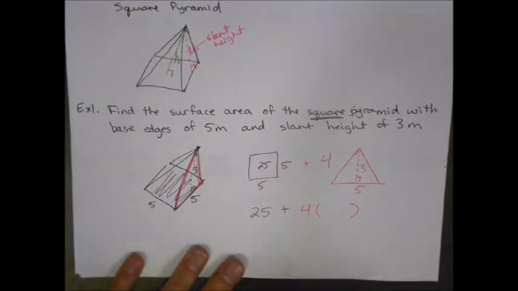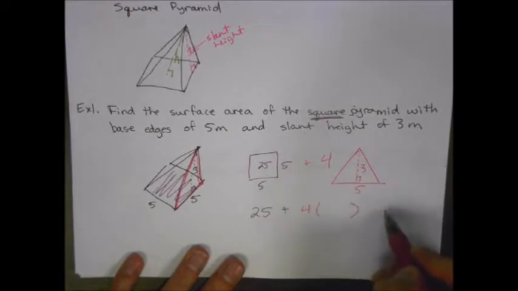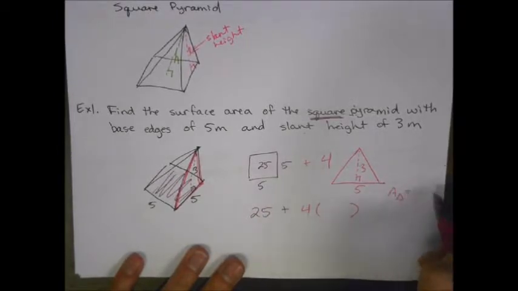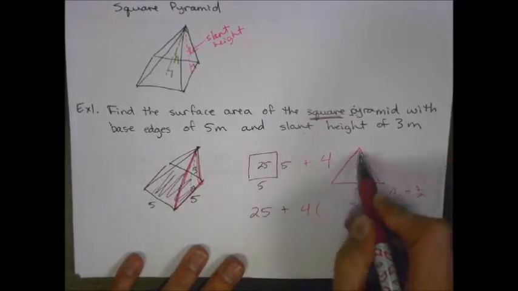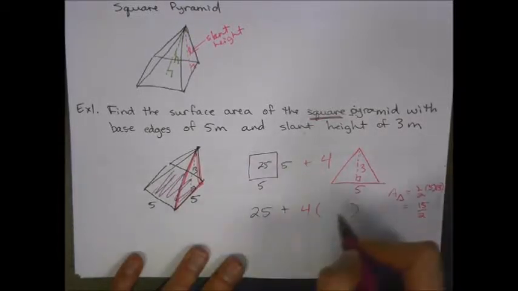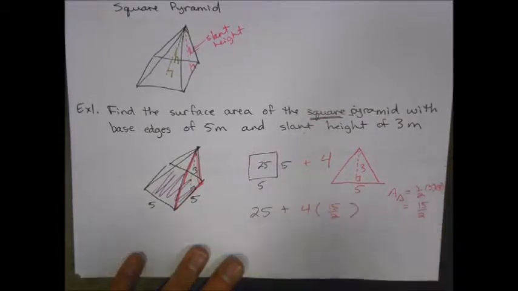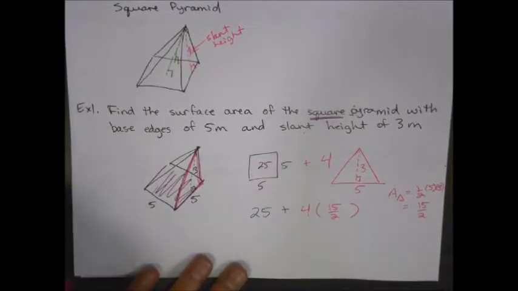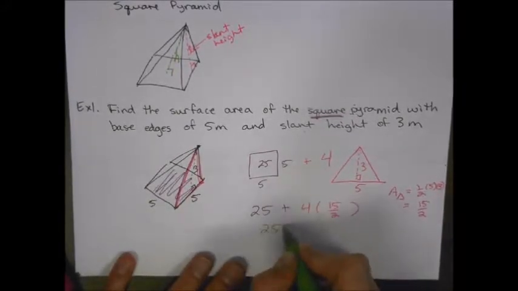So that's 15/2. Continue on. 25 plus 4 times 15/2. So 4 times 15 is 60. 60 divided by 2 is 30. So that's 55 meters squared surface area.